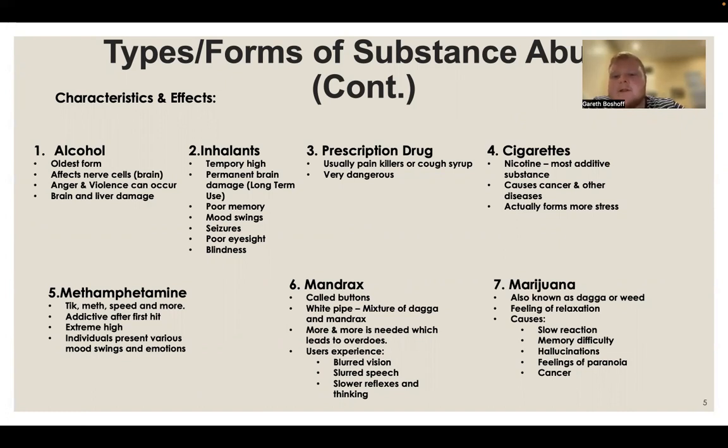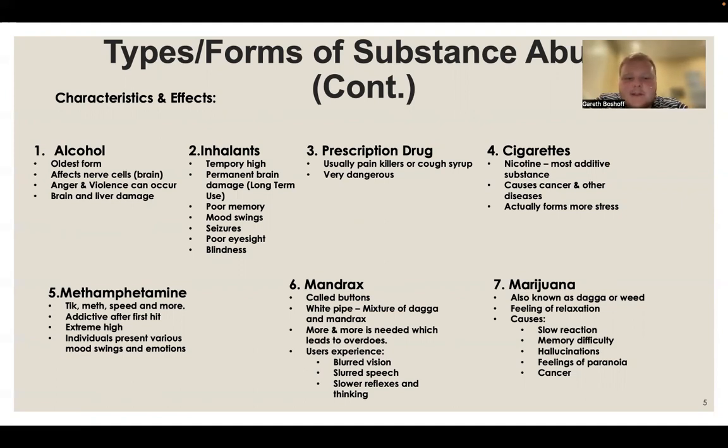And in actual fact, it forms more stress inside the body. Number 5, meth. The examples there are tik, meth, speed, and there are many more that fall under this category. It's addictive after you take the first hit. You have an extreme high when you take it. When individuals do take this substance, there are various mood swings and emotions that they demonstrate.